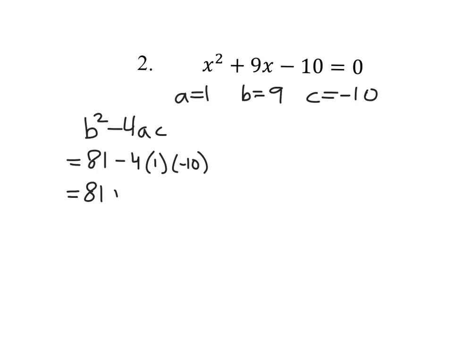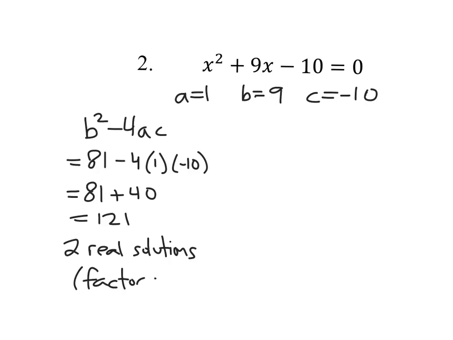Negative is going to make it plus, and 4 times 10 is 40. That's 121. Okay, so same thing here. This is positive, so that's going to be 2 real solutions. And if 121 is a perfect square, which it is, this one factors.